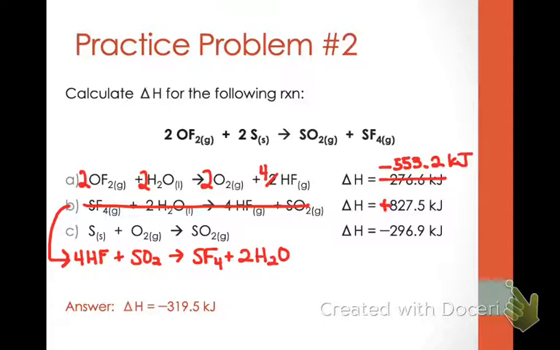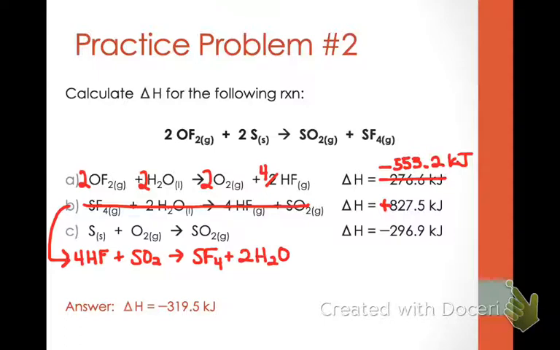And let's look at the last reaction in C. I have S plus O2 yields SO2. I noticed that the sulfur has a coefficient of 2 in the overall reaction. I noticed though that SO2 only has a coefficient of 1. However, I have an SO2 that's in reaction B, so hopefully that will work itself out and I'll end up with 1 SO2 as a product.